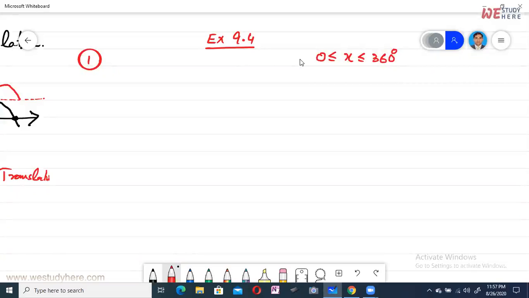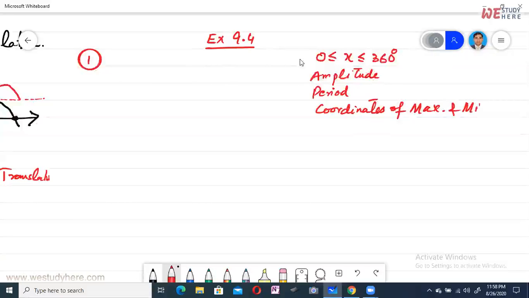For each function, write down the amplitude, period, and the coordinates of the maximum and minimum points. These things are required here.